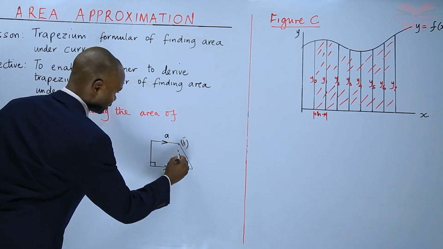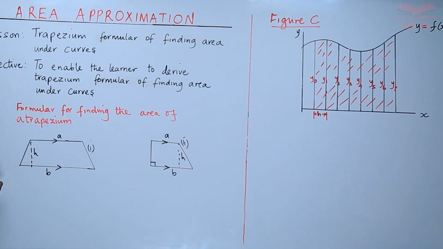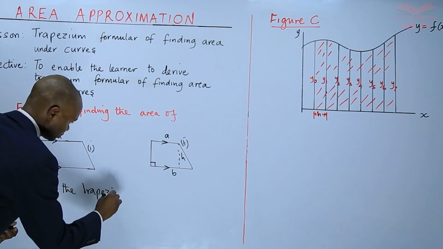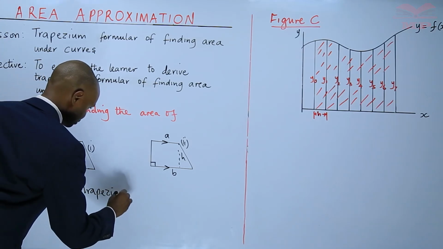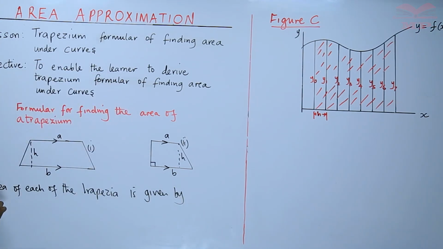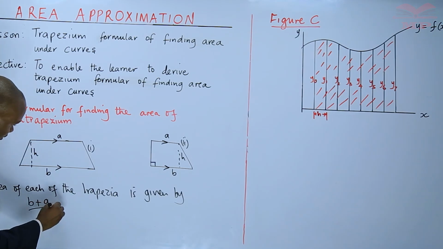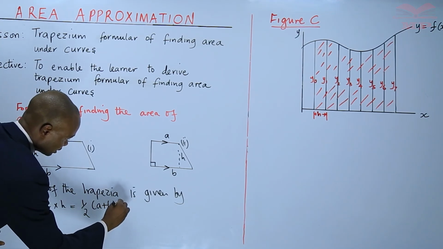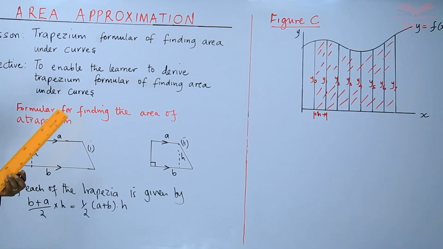So the area of each trapezium is given by a half, b plus a, the average length of the sum, times the height, which is a half a plus b times h, where h is the distance between the parallel sides.